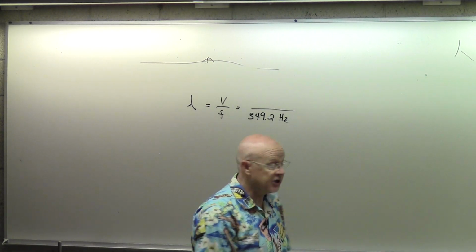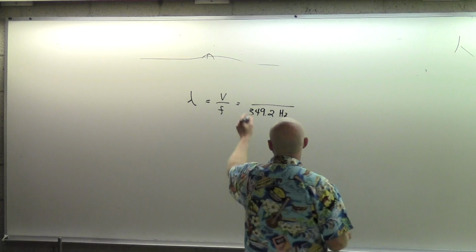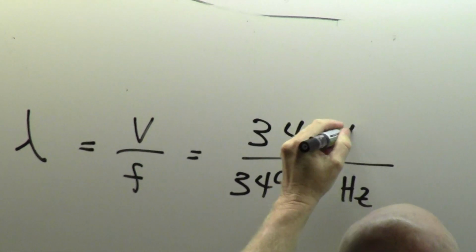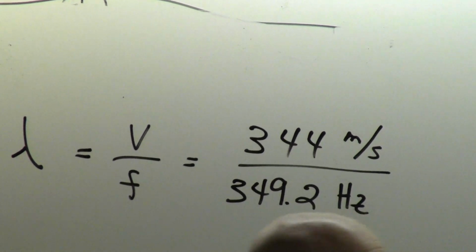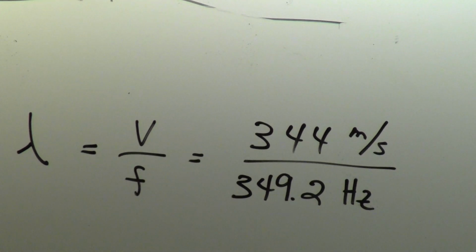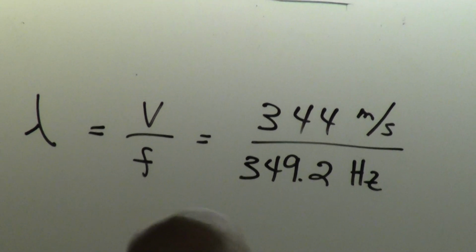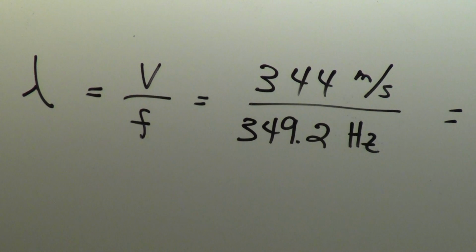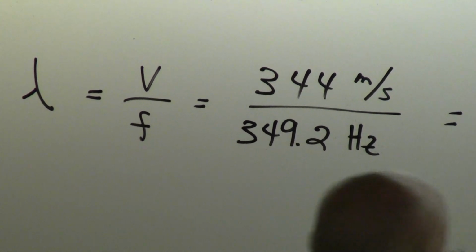If you remember from the discussion yesterday, that means we're looking at a speed of about 343. It's a little warmer in here today. I'm going to go up to 344. Remember we said the little formula there. And so if I go ahead and grab my calculator, this would be the wavelength for that sound.